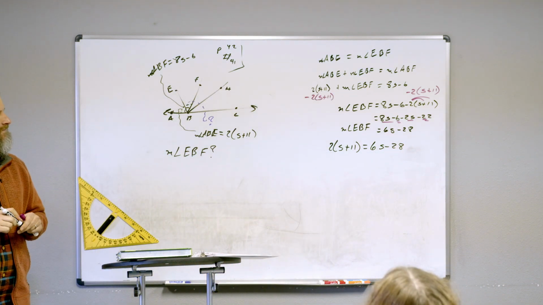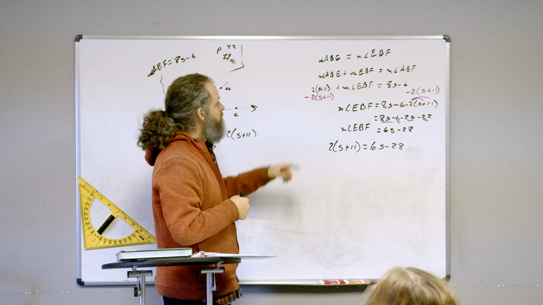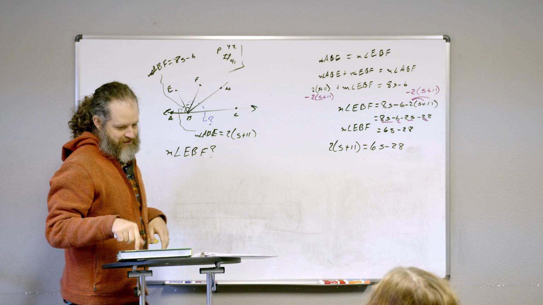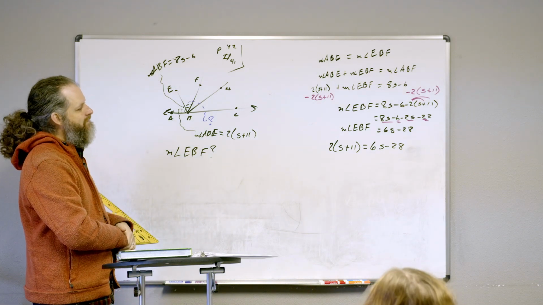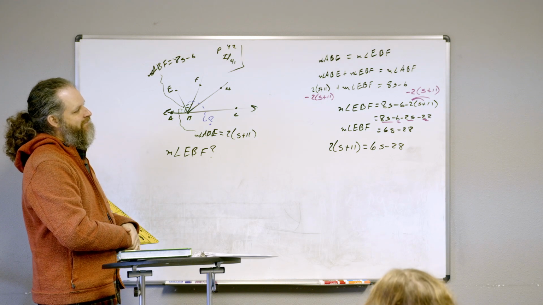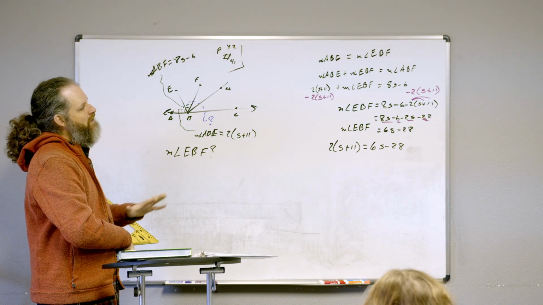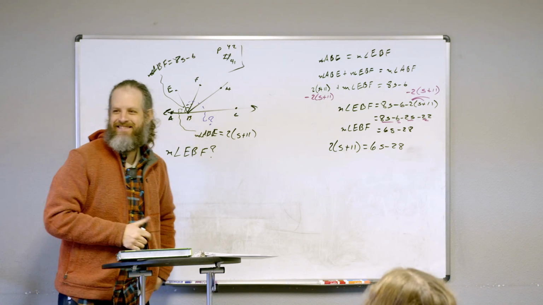Because ABE and EBF are congruent. That's true. How do we know that? From the picture, it's given to us in the picture. Oh, well then. We could have done some substitution earlier and saved ourselves a step, but it's fine. Not a problem.